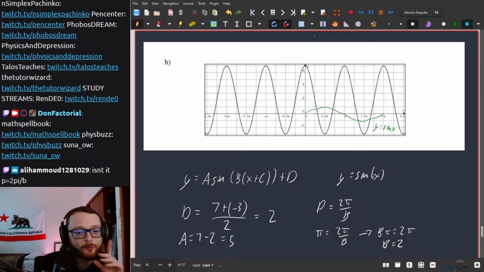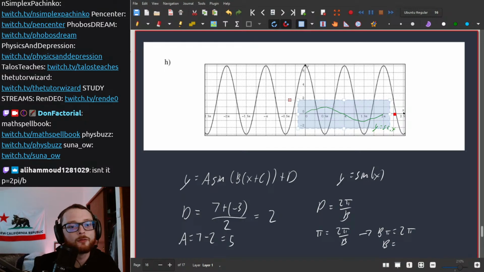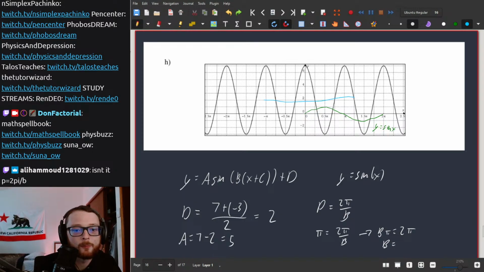The last thing to do is to figure out C. And I'm going to verify the result that we get at the end here, just to make sure that I did this right. So C is called the phase shift, or a horizontal shift. If you were to take this graph and just literally move it left or right. So I would measure it kind of like, we expect sine to start at the origin. It's a little bit weird because we're shifted vertically, but this is our baseline.